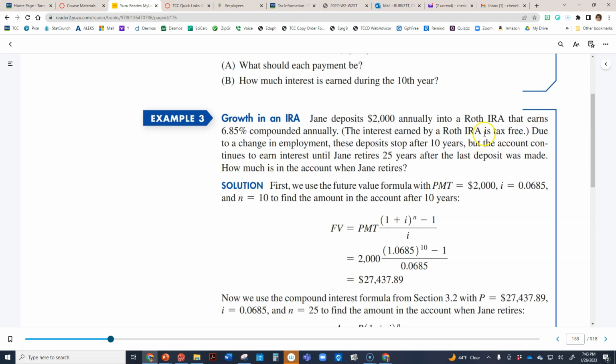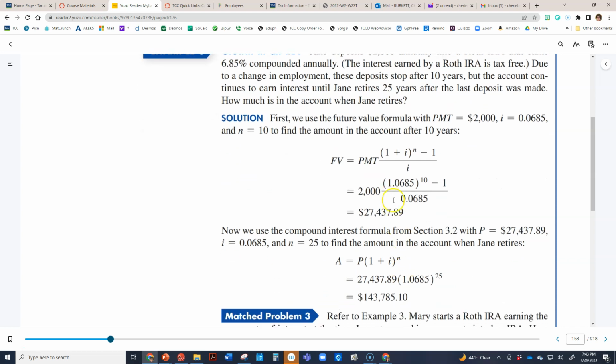It was compounded yearly. She was only making deposits every year. So for 10 years, she made this, and this is how much money she had at the end of 10 years. Then she just kept that money in there, earning this much interest for the 25 years, and it turned into this much money.